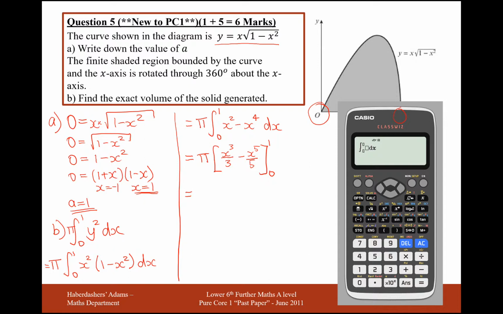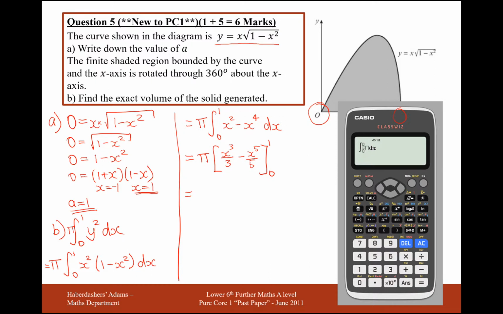If you look to the top of your calculator in the normal calculator mode, you'll see an integral symbol between two boundaries, and that's where you insert your function. So press that button and this will come up on your display. What you then need to do, using the up, down, left and right buttons, is navigate the cursor into the correct positions and type in what we have at this stage here.